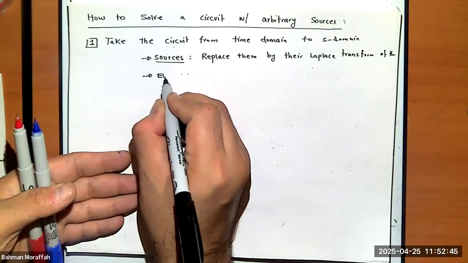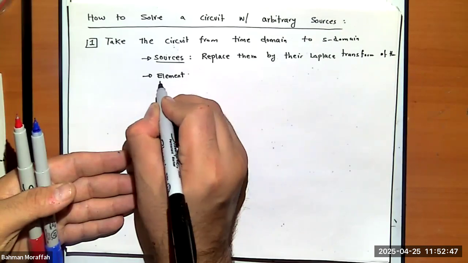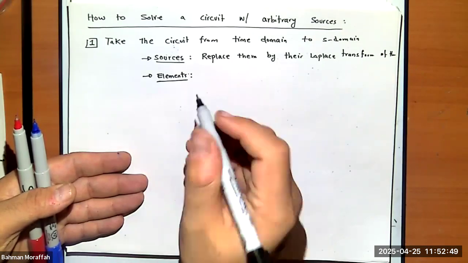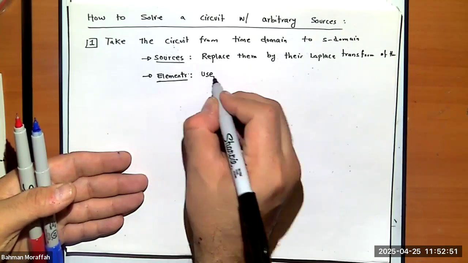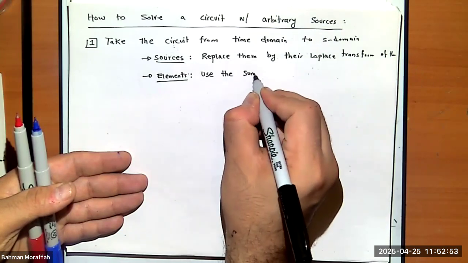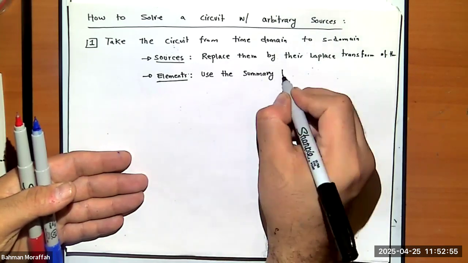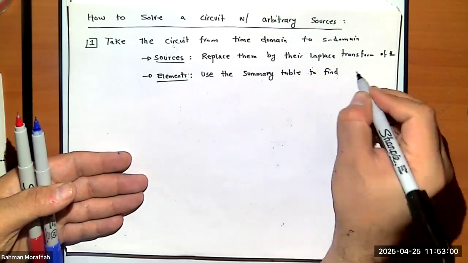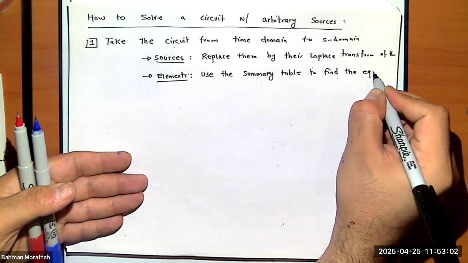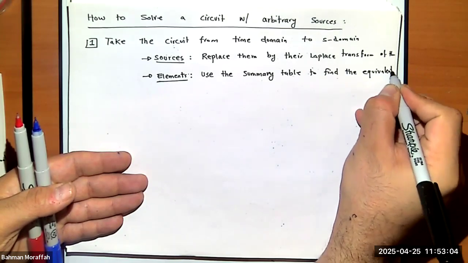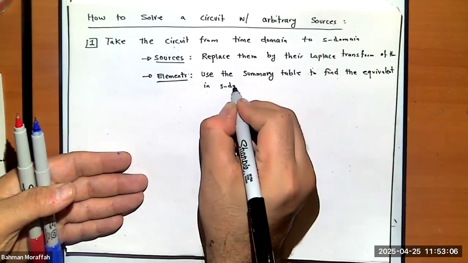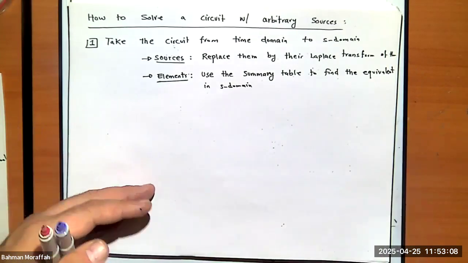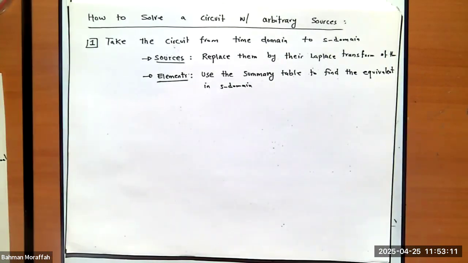We have C, we're going to use the summary table to find the equivalent. Let's look at the S domain. I can treat all my elements just as a resistor.